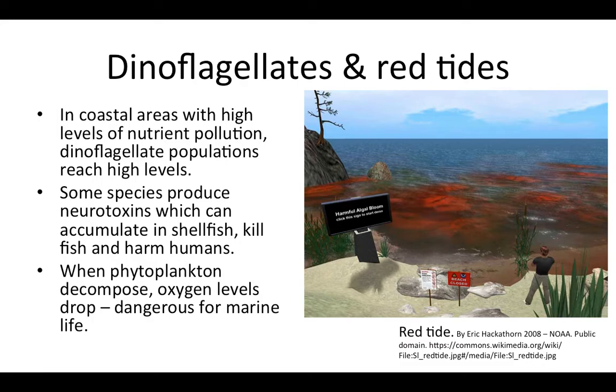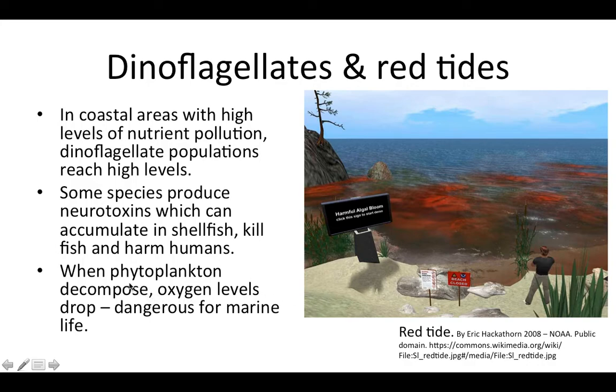Additionally, if they accumulate in high enough doses, then they can kill fish living in that water, and they can harm humans who, let's say, go swimming in the water. So you can see in this picture, there's red off the beach, and there's a sign warning you that there's a harmful algal bloom and do not go into the water. You can see the beach is closed.